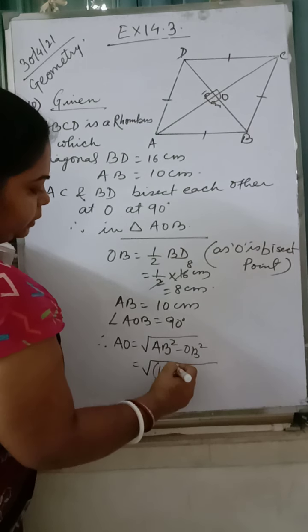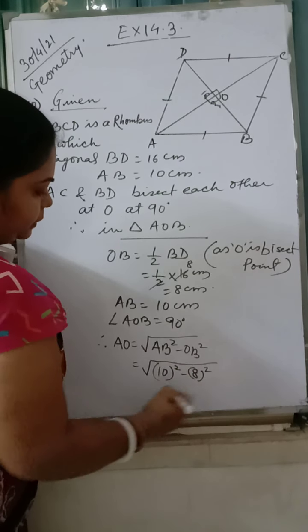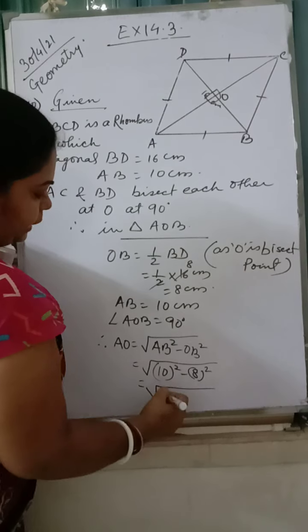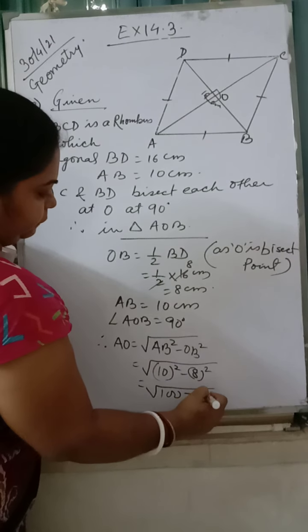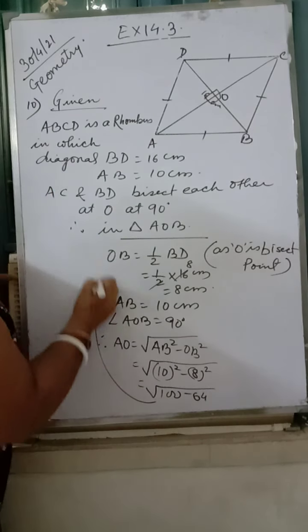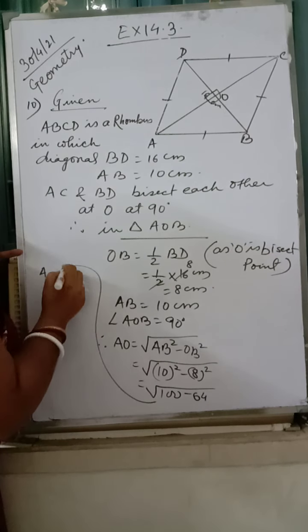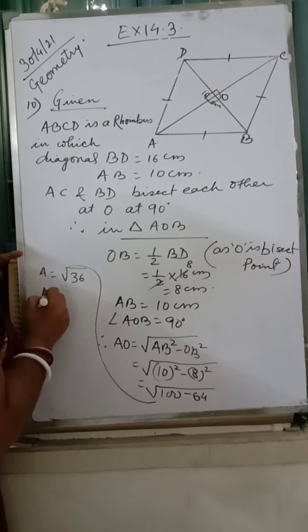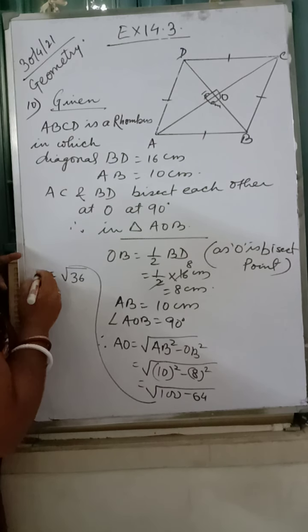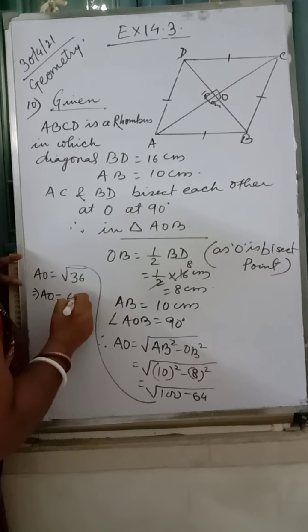10 square minus 8 square, 100 minus 64, this gives you AO is equal to under root 36, so AO is equal to 6 centimeter.